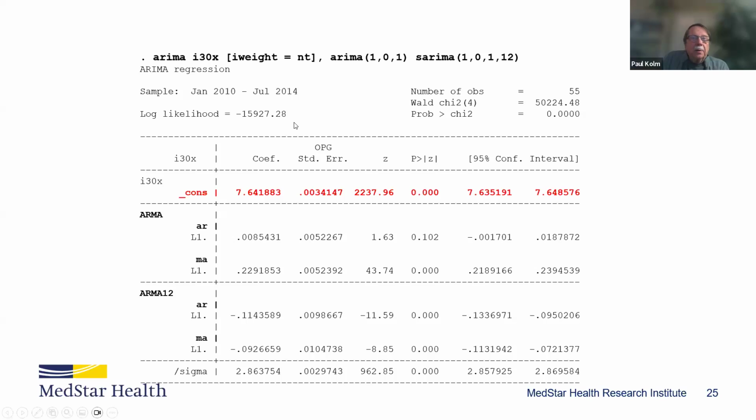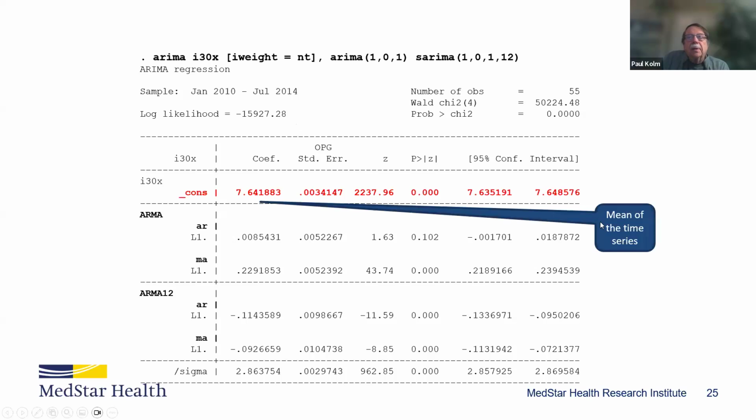And so here's our output, which looks similar to regression output, where our regression coefficient here is the mean of the time series. And here's the test for our autoregressive component, which is not statistically significant, and our moving average component, which is.